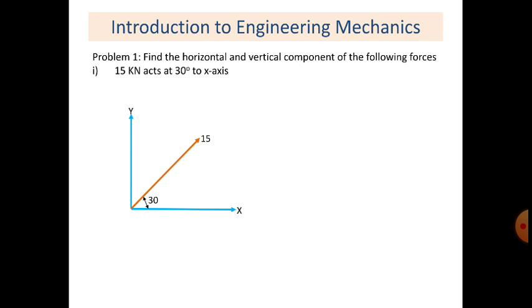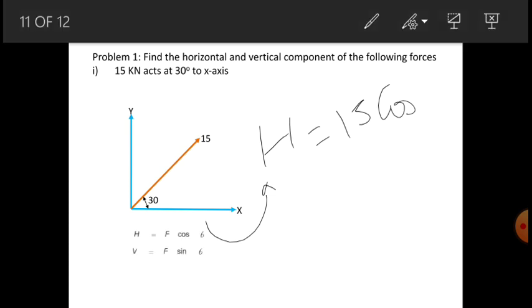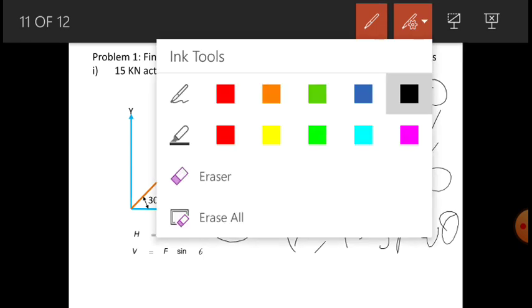So as I said, if theta is made along the x direction, then the horizontal component H will be 15 cos 30, and V will be 15 sin 30.